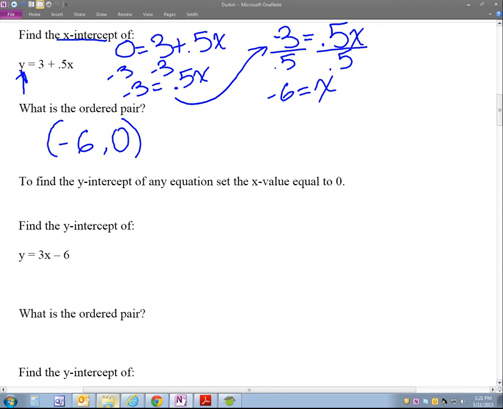Yes, sir. So if you already have x, what's the point of finding y? Can you say that again? Wait, if you have x already, then why can't you find y? Well, you already have 0. That's the only way you can find it. Okay.